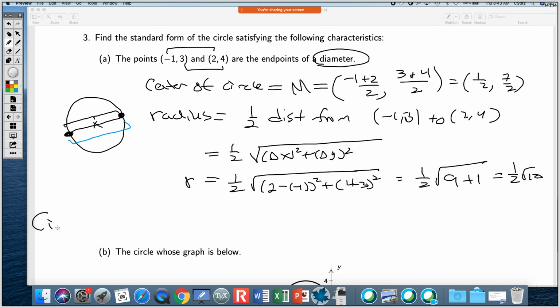And so the equation of the circle is going to be x minus the x coordinate of the center, x minus 1/2 quantity squared, plus y minus the y coordinate, squared equals the radius squared.